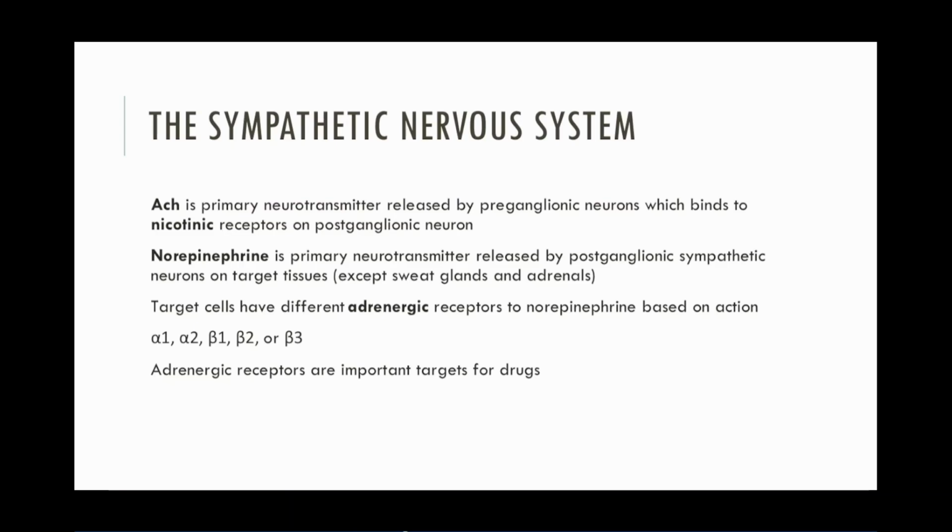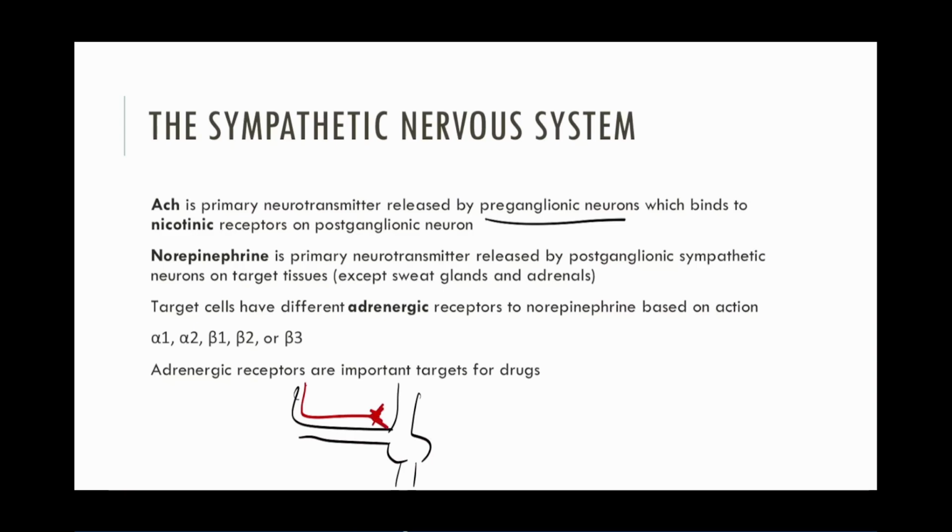Acetylcholine is the primary neurotransmitter released by the preganglionic neurons. Okay? So, what does that mean? This is leaving the spinal cord, and here is our ganglia right there. When a sympathetic neuron leaves and it gets to this area, it's going to have a synapse.